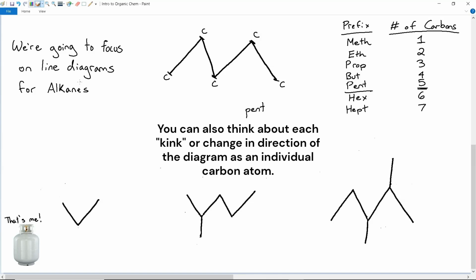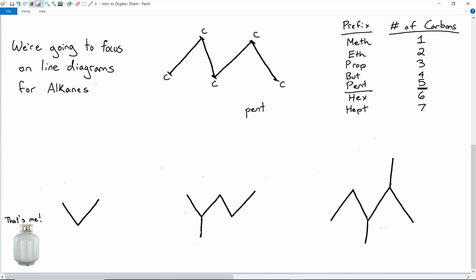And what we're actually dealing with in this introduction, to start with, are what's known as alkanes. And alkanes are hydrocarbons that only contain single bonds. And that means that we are able to completely saturate the hydrocarbon with hydrogen bonds.